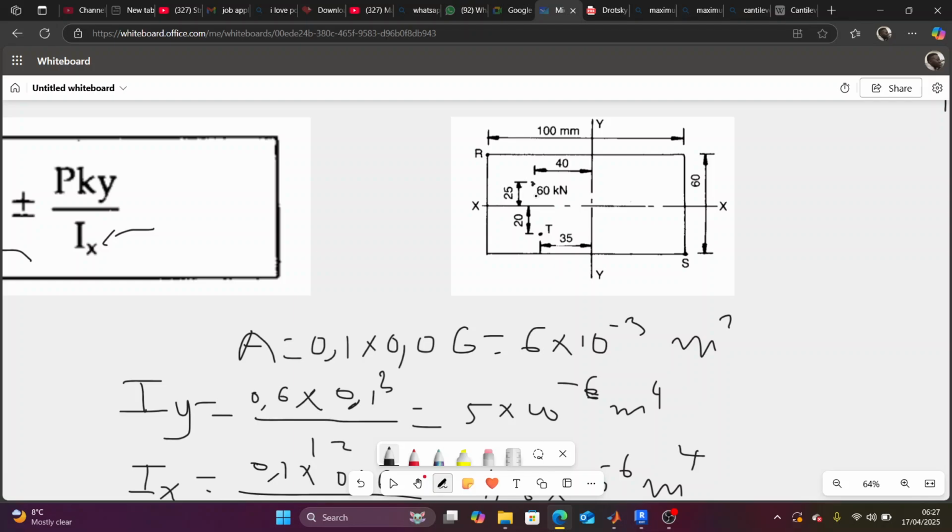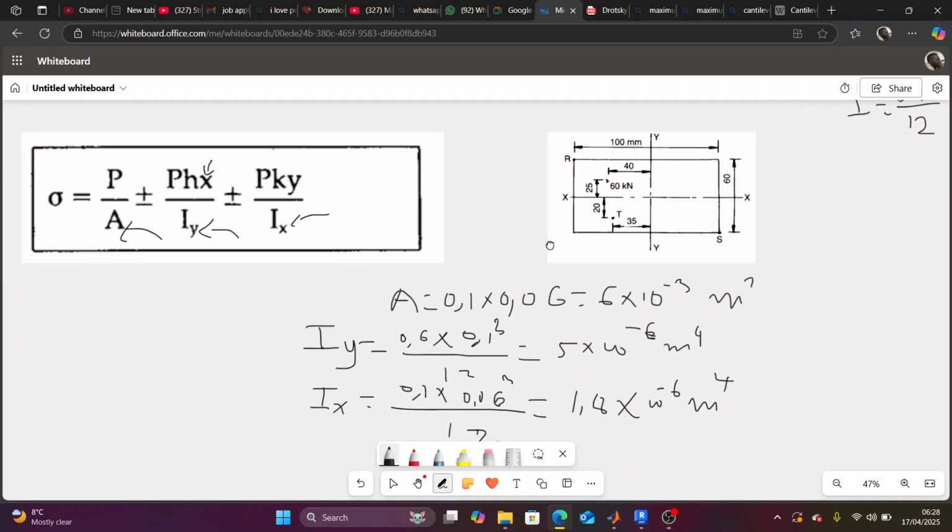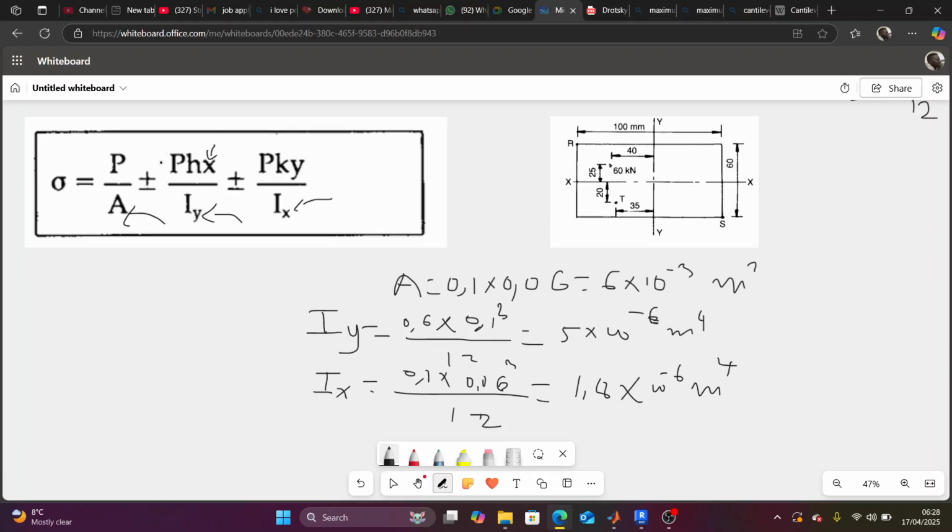To get the moment on the y, it is simply the force, 60, multiplied by 40. If you want the moment on the x, it is 60 multiplied by 25.